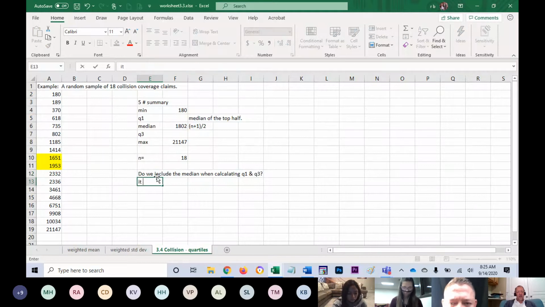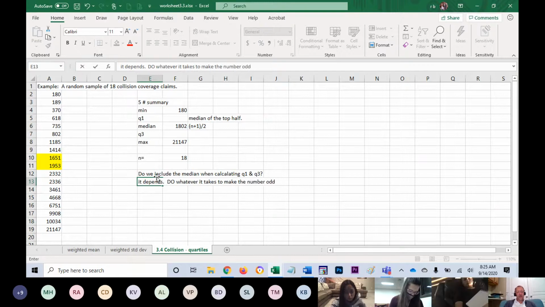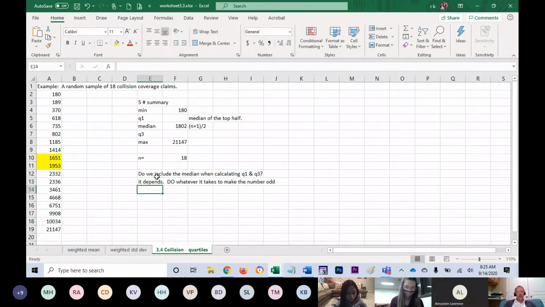The answer is it depends. Do whatever it takes to make the number odd. If including the median makes it odd, include the median. If excluding the median makes it odd, exclude the median.